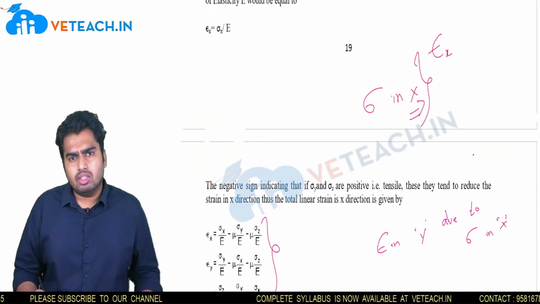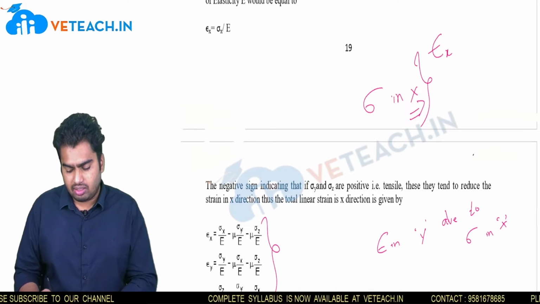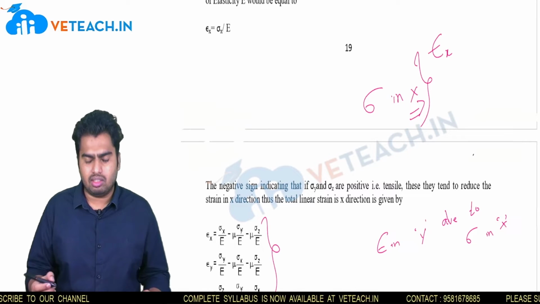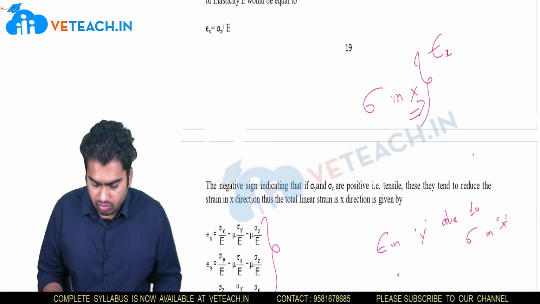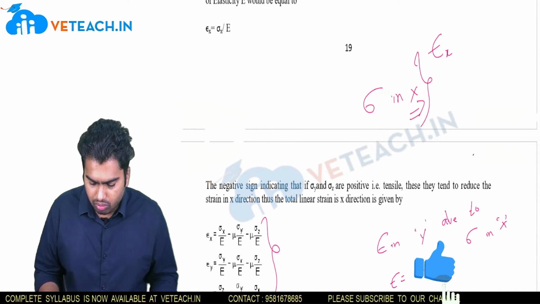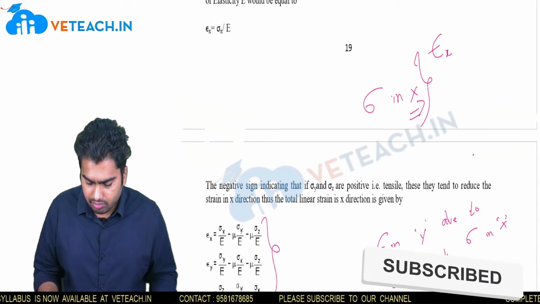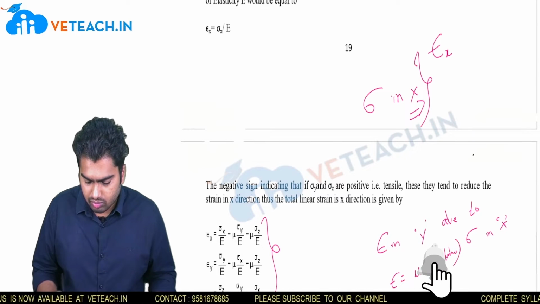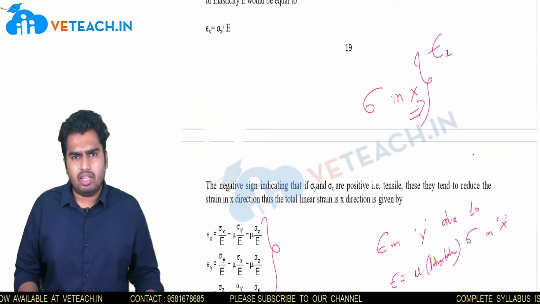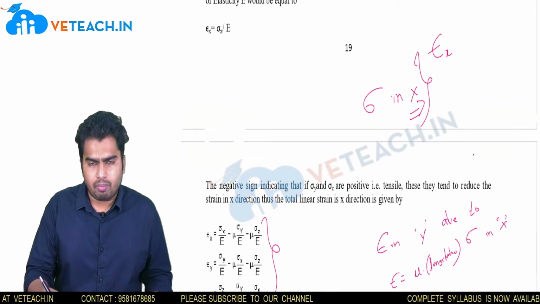How do we find this? Using the property of lateral strain. We know lateral strain is equal to mu into longitudinal strain. So what is the longitudinal strain here? The longitudinal strain will be epsilon x.